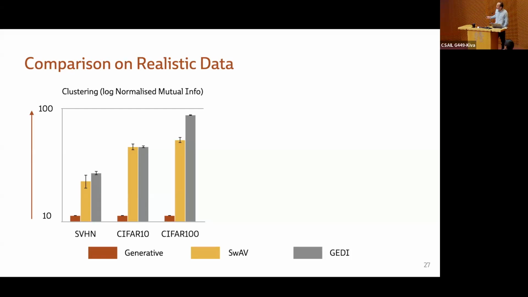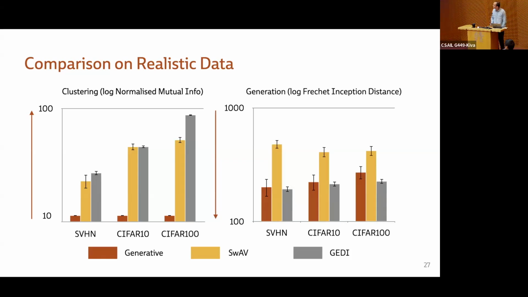But what is really important is that the generative model, which is not designed to perform clustering, is not able to predict the underlying concepts in our images. Moreover, when we evaluate the generative performance, we perform comparably to the generative model, whereas the clustering approach completely fails at that.